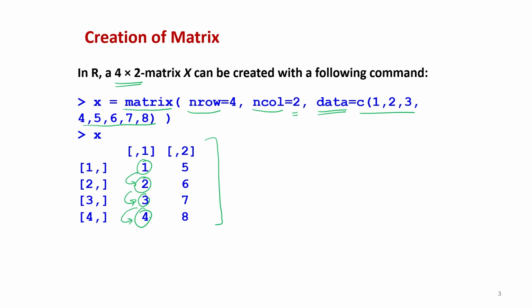After this it goes to the second column, and in the first row it is entered as 5, then 6, then 7, and then 8. So the data is entered first in the first column, then it goes to the second column, and so on. This is what you have to keep in mind, because there can be different ways also.